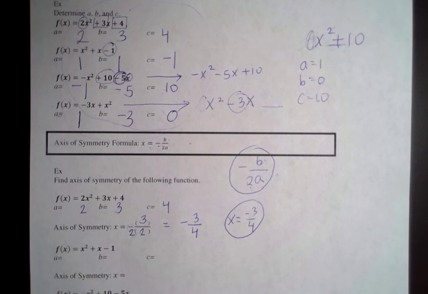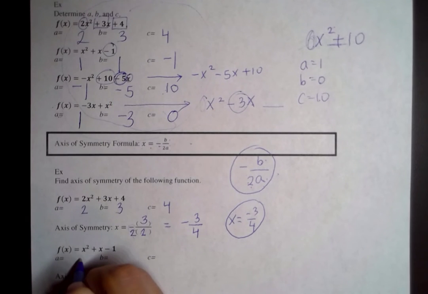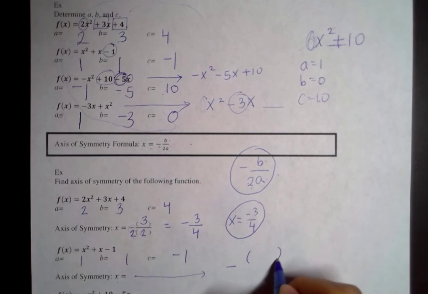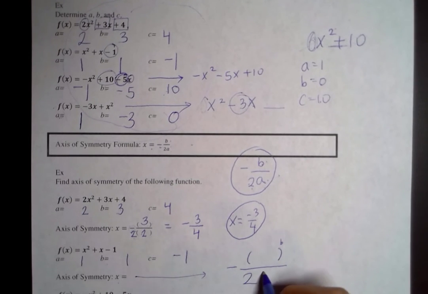Then let's look at b. It's the same thing. We already know our a, b, c, which is 1, 1, negative 1. For the axis of symmetry, I'm going to write negative b over 2a. This is my a.